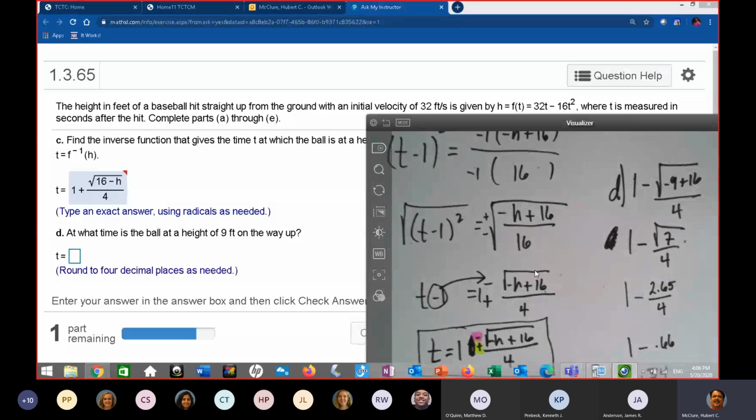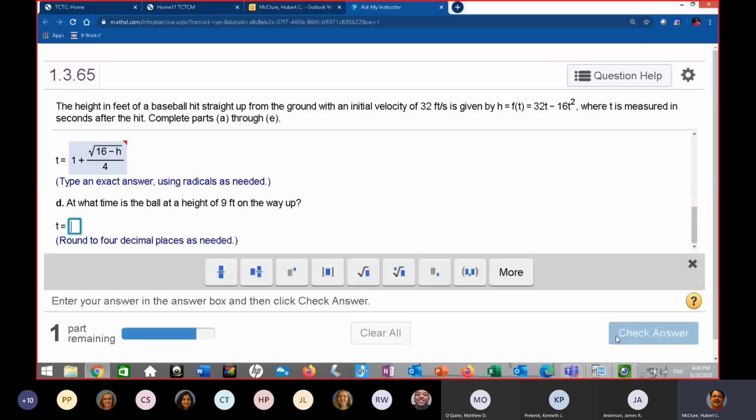Now, of course, I didn't do the directions. I wasn't looking at the directions. If anybody did the 4 digits, can you tell me what you get? Because you should have done 4 digits with the square root of 7. So somebody do 4 digits with the square root of 7, divide it by 4, and subtract it from 1.